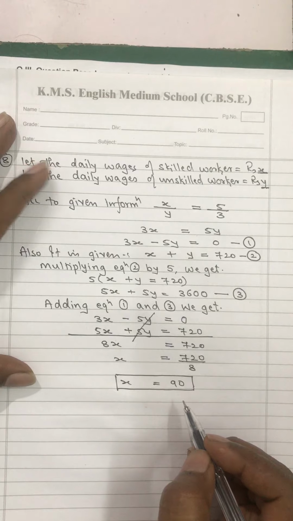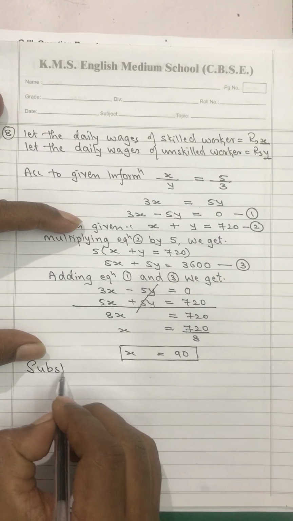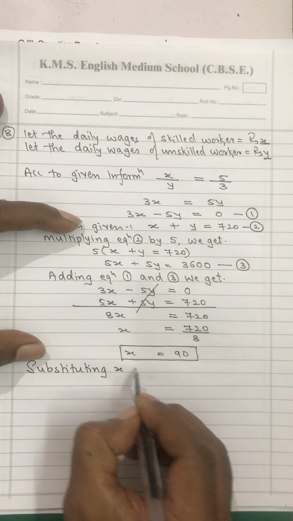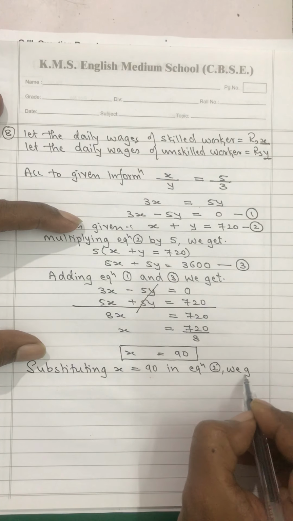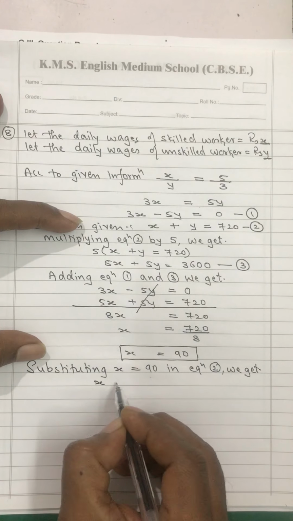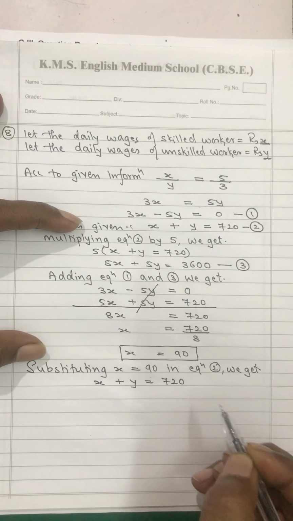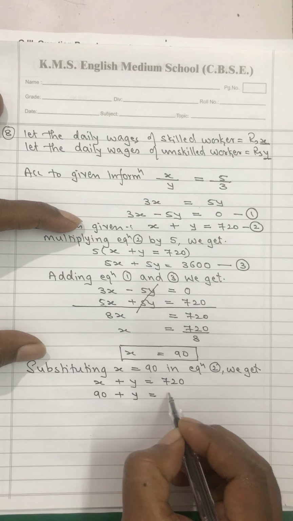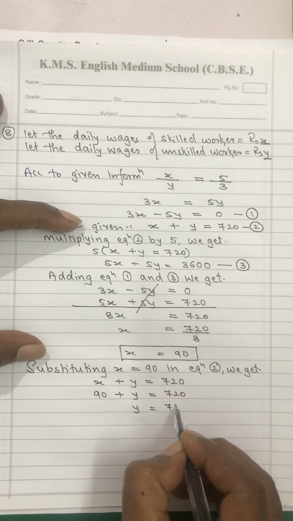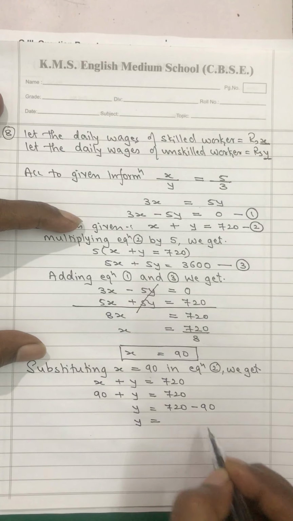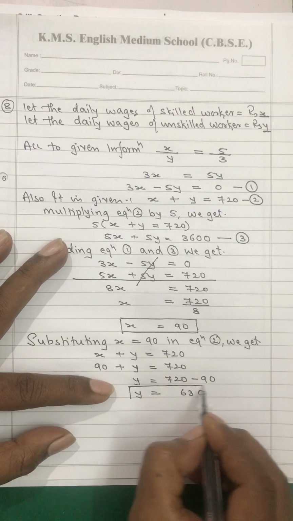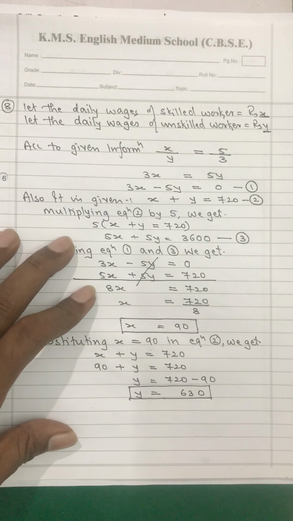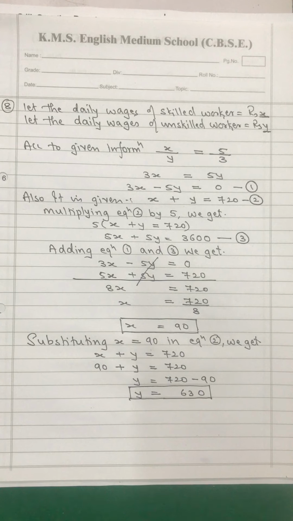So substituting x is equal to 90 in equation 2, this is 630. Okay. So this is all that we have done.